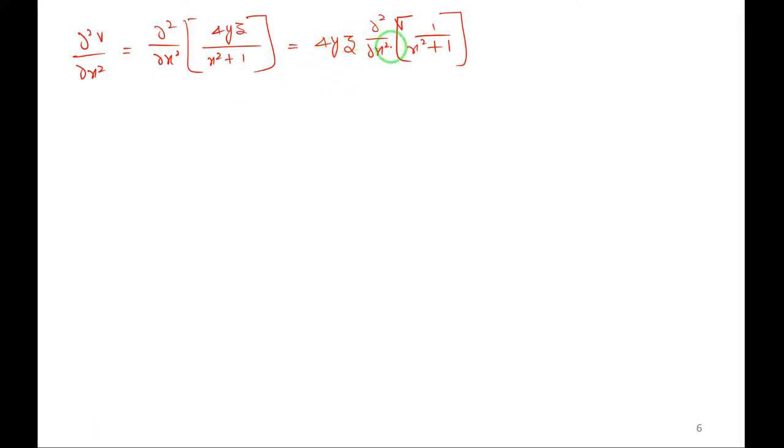4yz is constant. So we will differentiate with respect to x once. So 4yz dou by dou x, one time. This is numerator and this is denominator. I remember it like this: den d-num minus num d-den. I will write the denominator as it is, into derivative of numerator, minus numerator as it is into derivative of denominator, divided by denominator square.